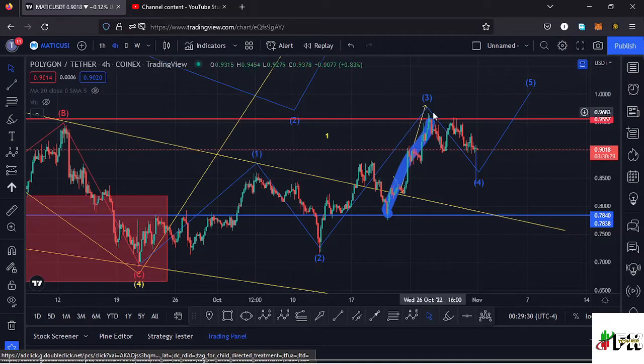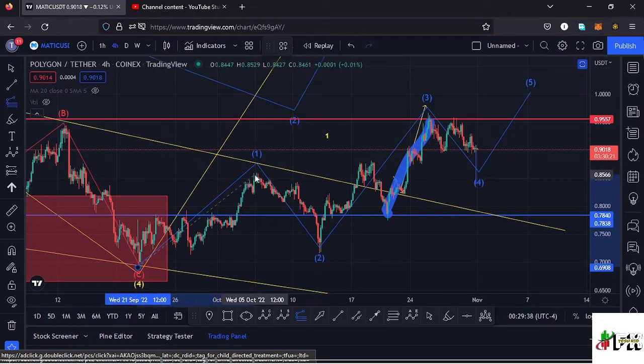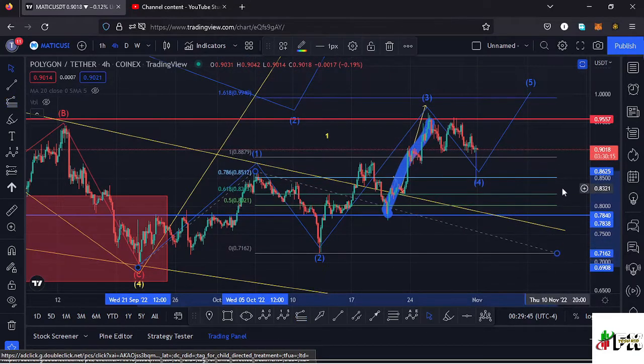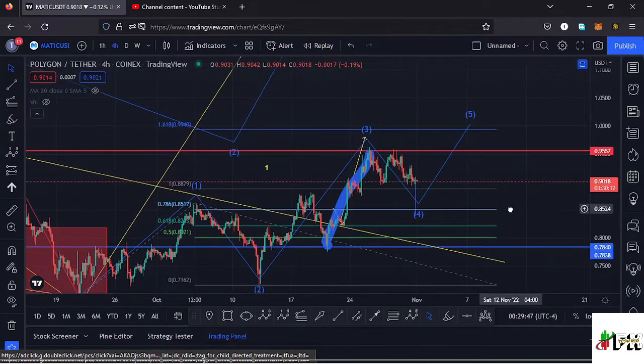And using the Fibonacci's, that is the trend based Fibonacci, we can sketch out a target area to the upper side in the formation of that wave 3 by connecting the fibs from the low of that wave 1 to the high of the wave 1, then dragging the fibs to the low of that second wave, and that gives me a minimum target area to the upper side in the formation of a wave 3 at around the fib level 1.618, and that is at around the $0.994 mark.